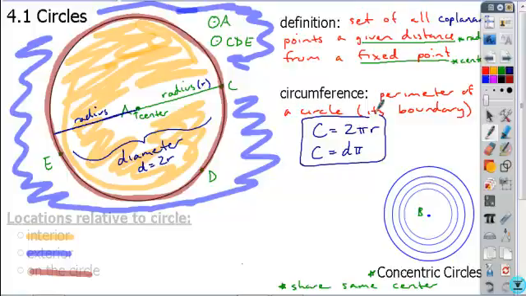Circumference is equal to d pi or 2 pi r. Actually, pi itself is defined as the ratio between the circumference of a circle and its diameter, and that is how the value of pi is obtained. Those are some formulas and relationships that you should be familiar with already, but just to review really quickly.